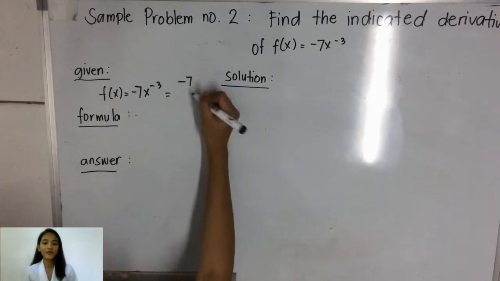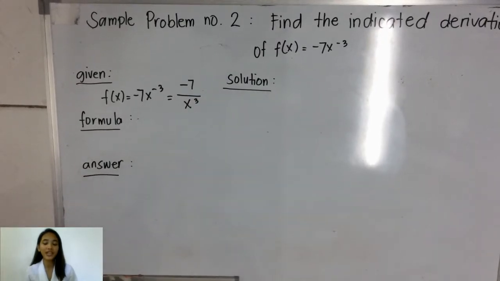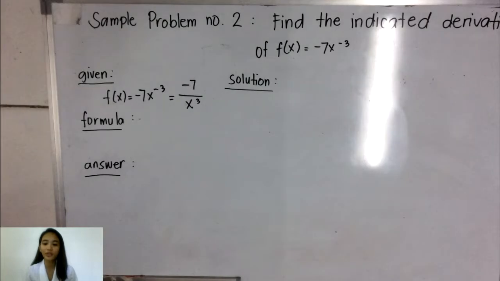In the principles of widening of the power notion, a power of some number with a negative exponent is defined as unit divided by the power of the same number with the exponent equal to the absolute value of the negative exponent. Meaning, our negative 7x raised to negative 3 can as well be written as negative 7 over x cubed.